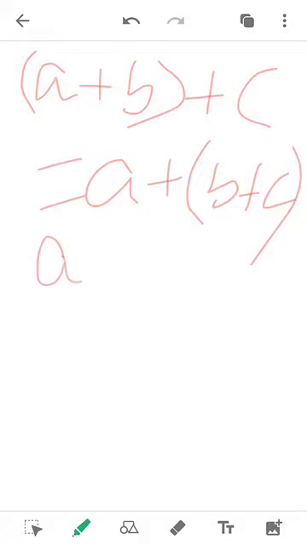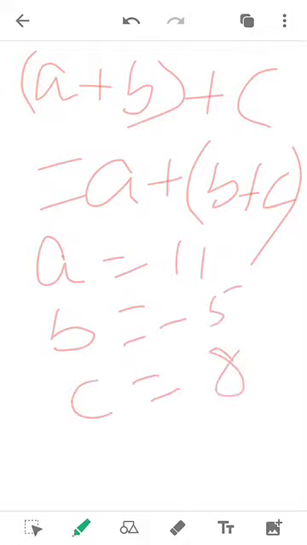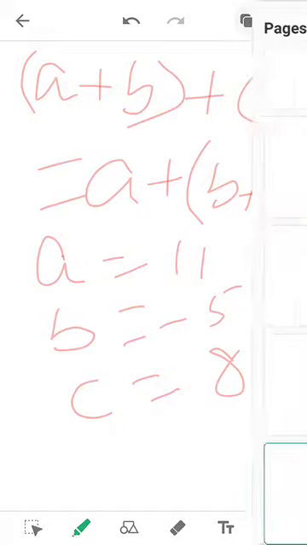If we put a is equal to 11, b is equal to minus 5, c is equal to 8.